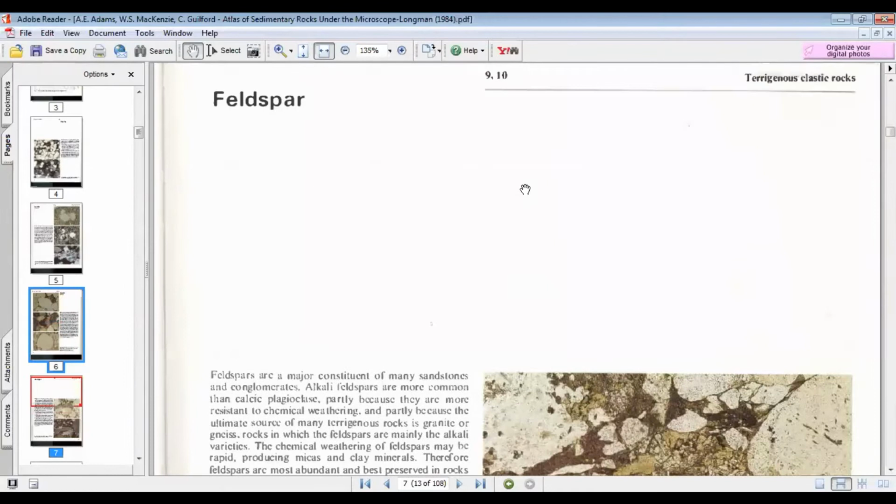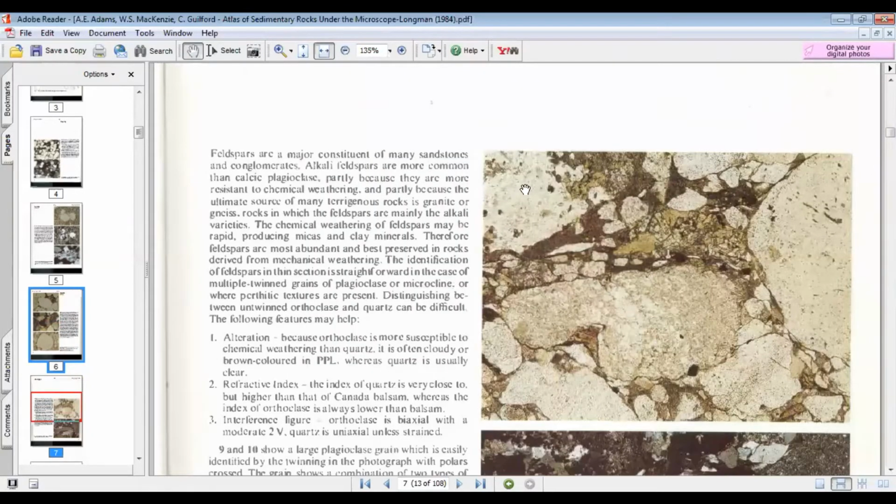Then comes the next important mineral, that is the feldspars. Feldspars, always remember that they are the second most important constituent of most of the sandstones and conglomerates. And feldspars, as you know, are further divided into various types. We have alkali feldspar, we have plagioclase feldspar, and some of these feldspars are resistant to weathering, and some of them are less resistant to weathering.